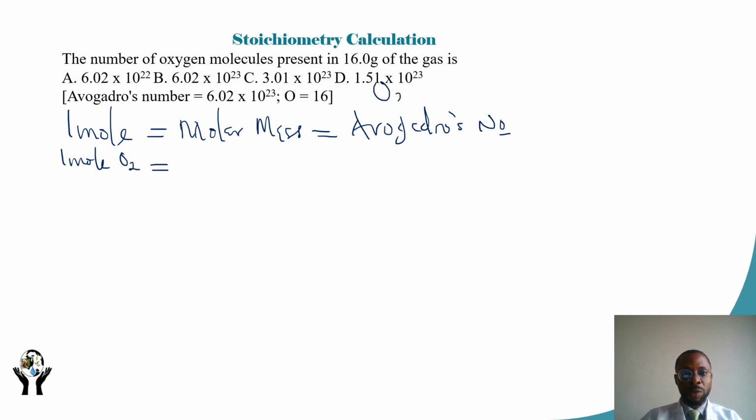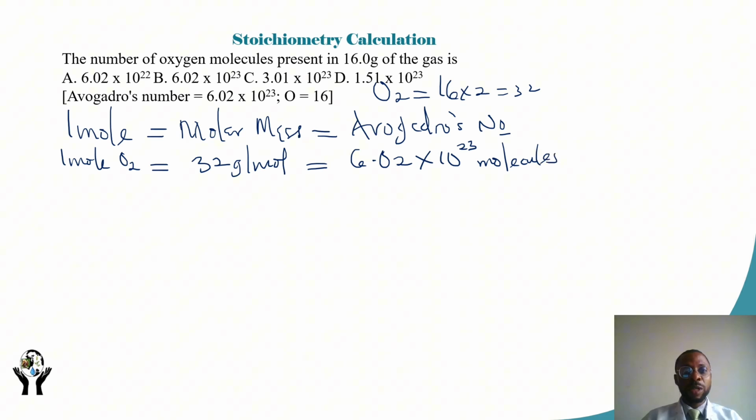We say it is O2, so that molar mass will be 16 times 2, and that will be 32. So 1 mole of oxygen equals 32 grams per mole, which can be related to the mass as 32 grams. And it's also equal to the Avogadro's number, which is 6.02 times 10 to the power 23 molecules.